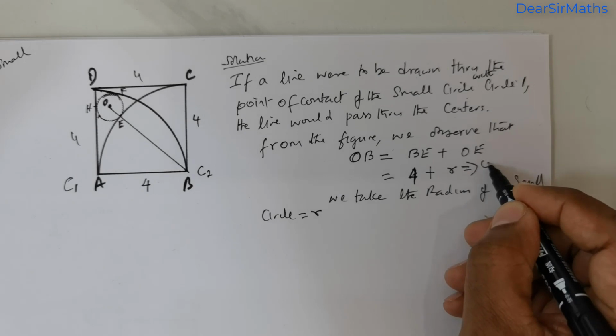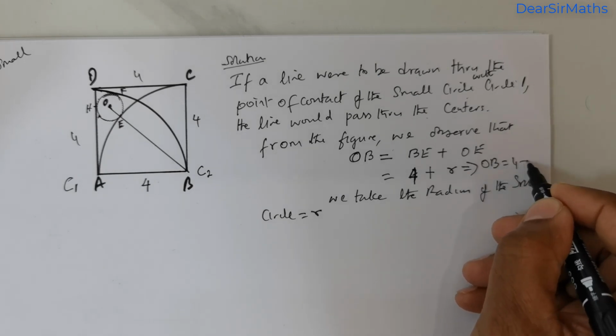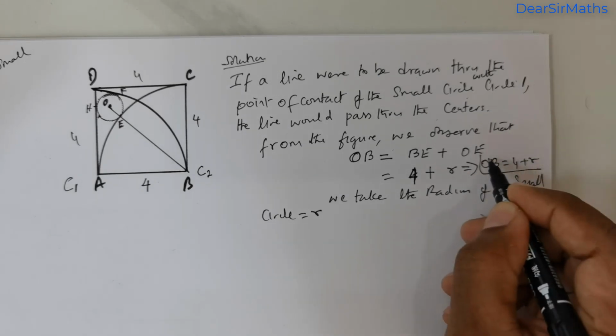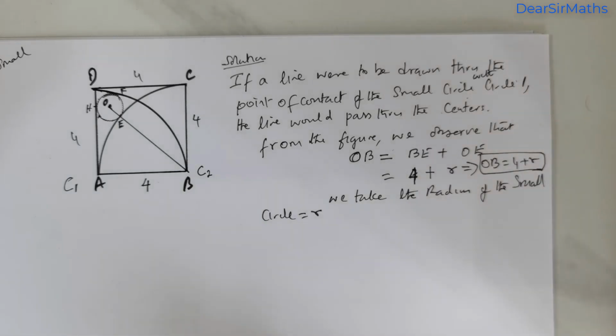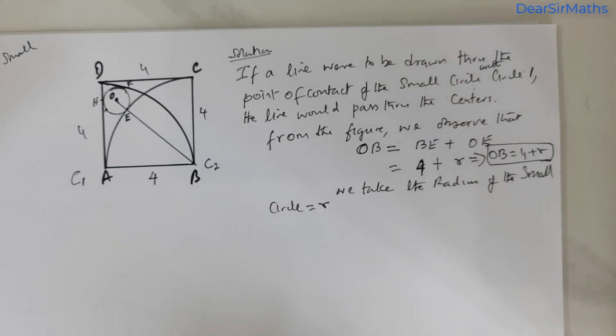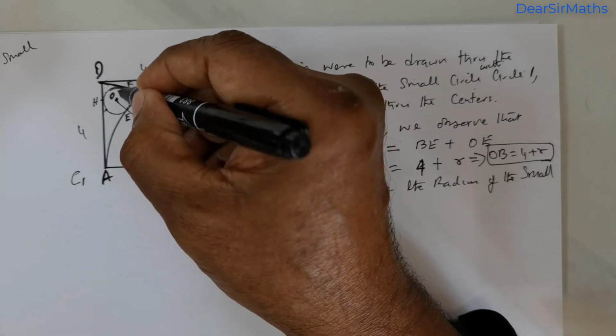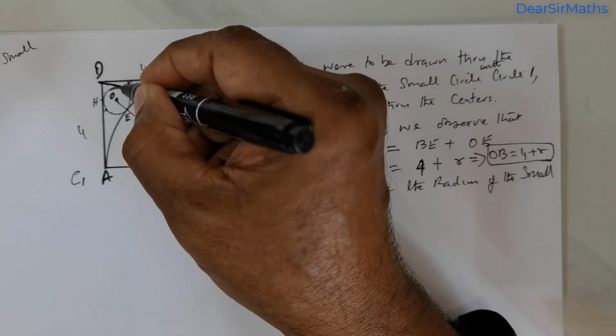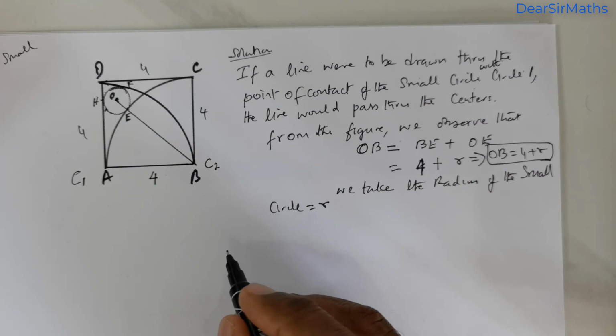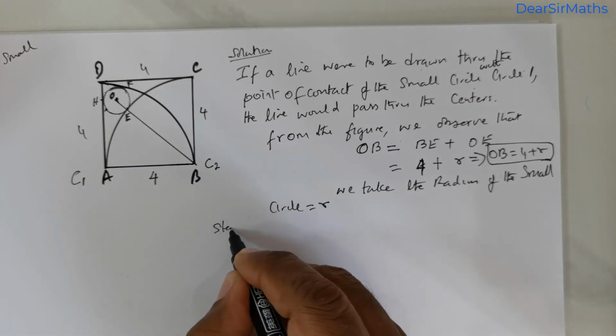So this would mean our OB is equal to 4 plus R. So that's an important piece of information we have secured. Okay, having secured that information, what I wish to do is I would now take in this point of contact. You can clearly see that this is step 2.